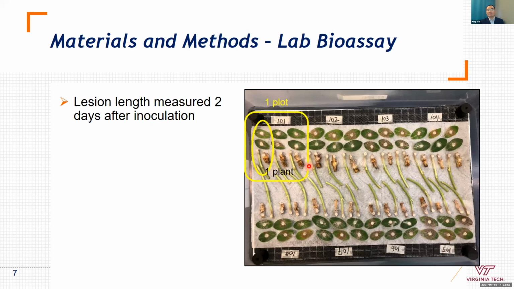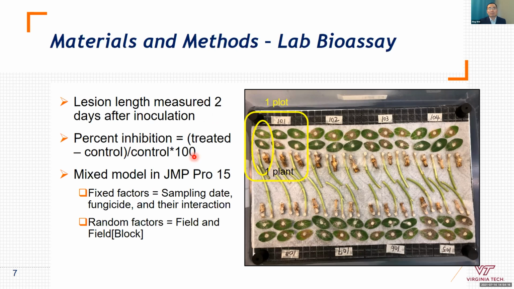Here is how we did the bioassay. These are the 3 plants from 1 plot. These are the 4 plant tissues from 1 plant. We used the rolfsii grown on PDA and inoculated it on each tissue. Then we measured the lesion length 2 days after the pathogen inoculation. We further calculated percent inhibition, comparing the fungicide treatment with the control.